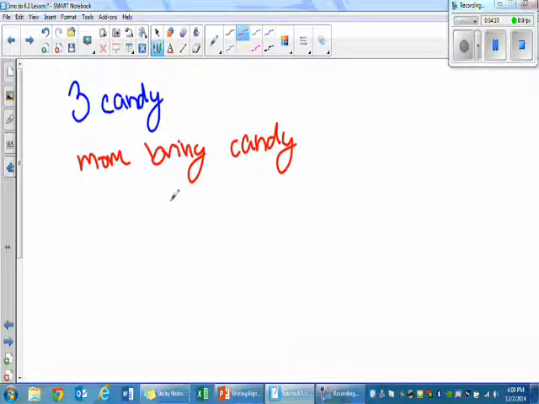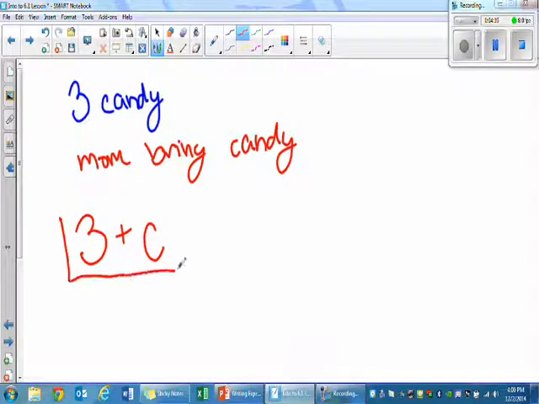Or Jackie's mom might bring her no candy. Okay? So, no matter what, everyone gets 3 pieces of candy, plus they get whatever candy their mom brings them.